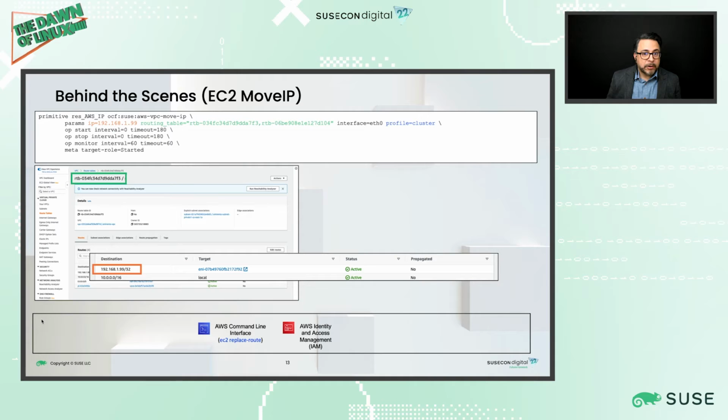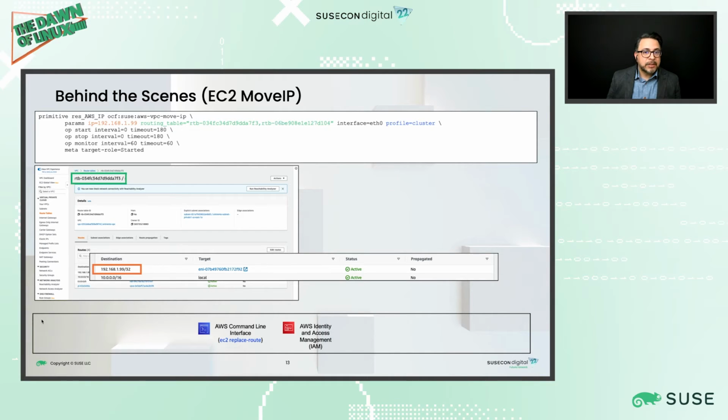The last parameter on the second line is the AWS CLI profile, and it's used so that the instance can run an AWS CLI command, and the actual command is ec2 replace-route. There are permissions specific to that instance that allow the updating of those routing tables.